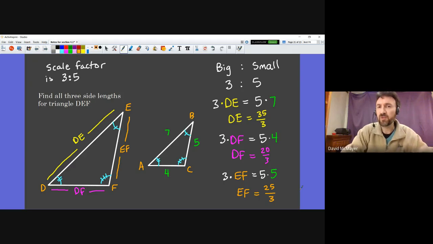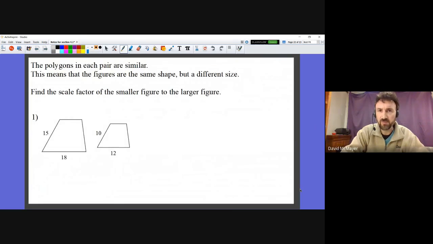Let's take a look at a couple of examples, maybe from our practice problems here. In this case, they tell us right away, and you could just draw those two pictures. Looks to me like it's two trapezoids. They didn't tell us what the angles were, but it looks like two trapezoids. What we need to do is not find missing side lengths.